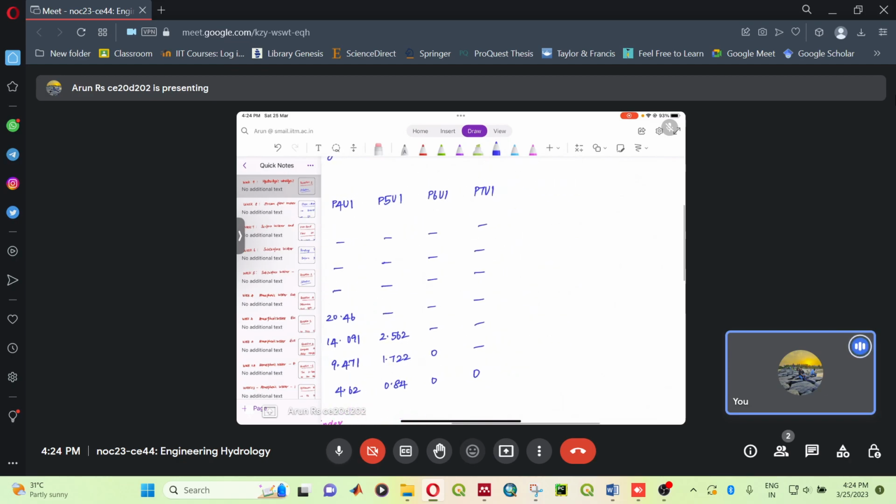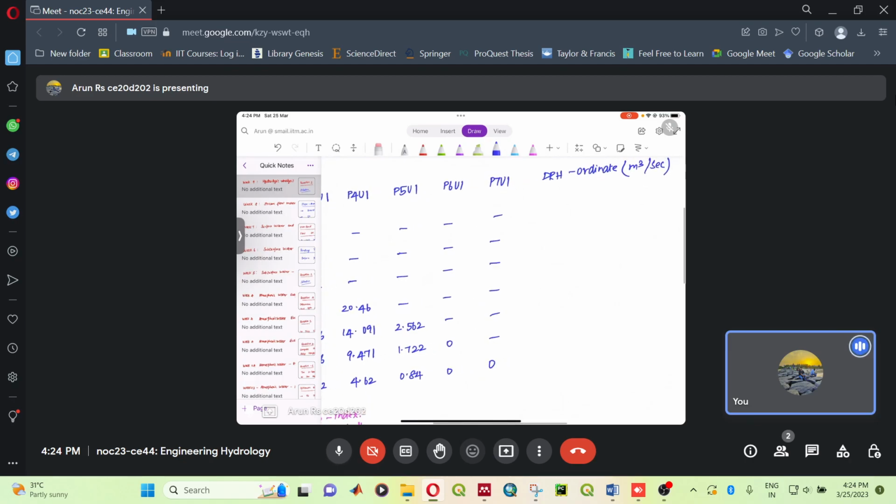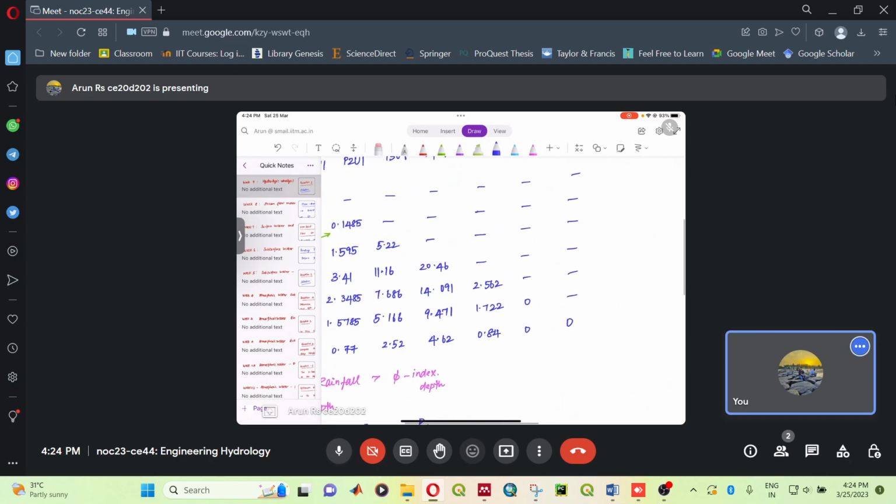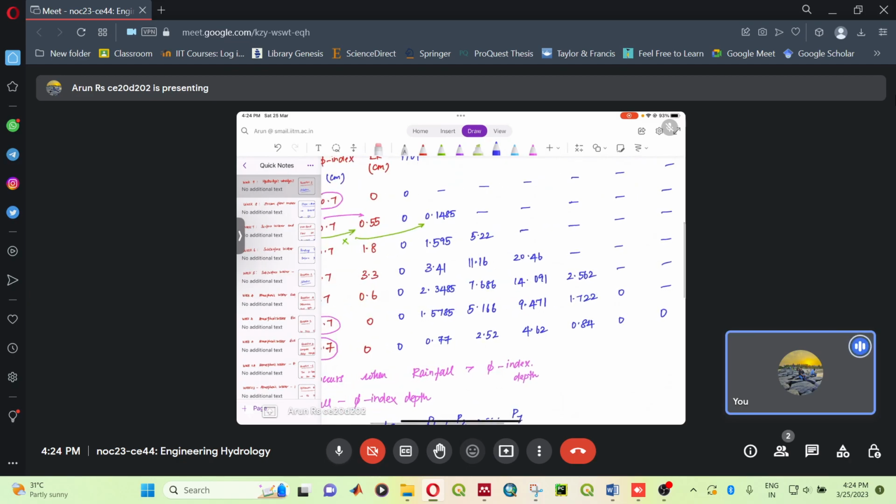Now to get the DRH, we will make the summation of all these ordinates which we found. So that will give the cumulative effect. This will be in meter cube per second, and we can simply add. But if you see, the direct runoff hydrograph starts at 0 and ends at 0.